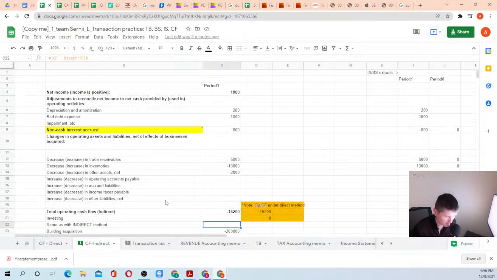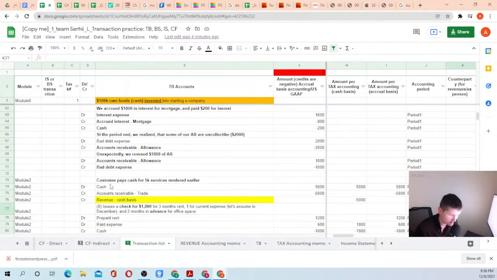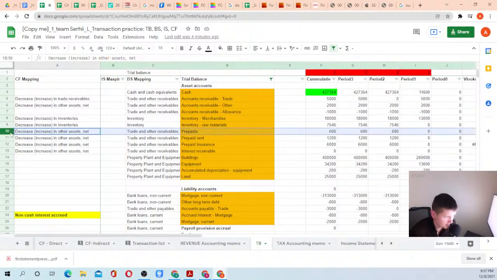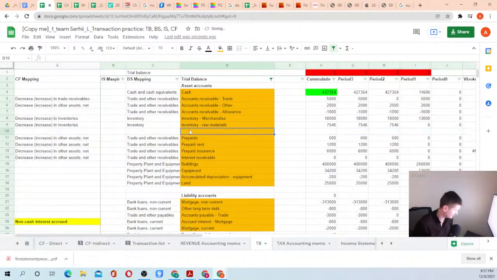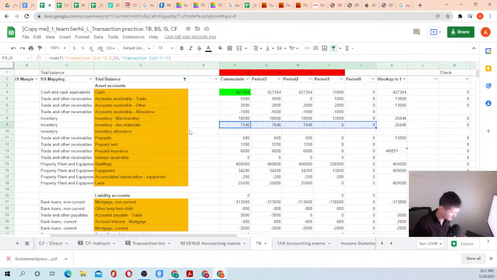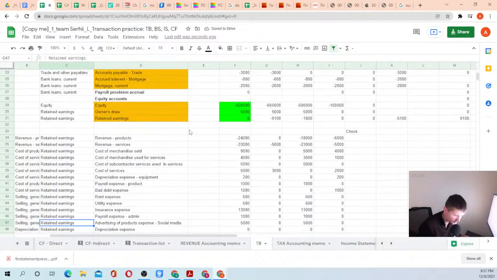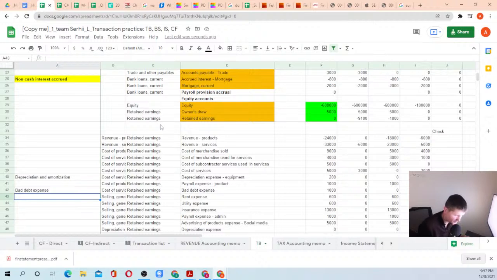So let's start with an example first. So transaction list, trial balance. Let's see if we have inventories. Yeah, we have inventories, and let's add inventory. And also let's add, okay, next to bad debt expense.